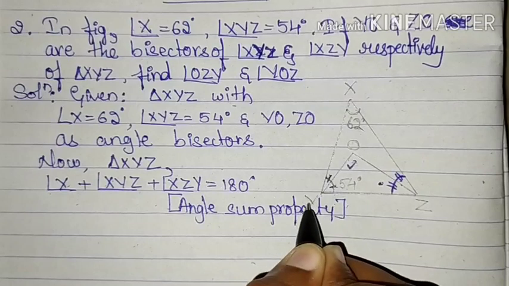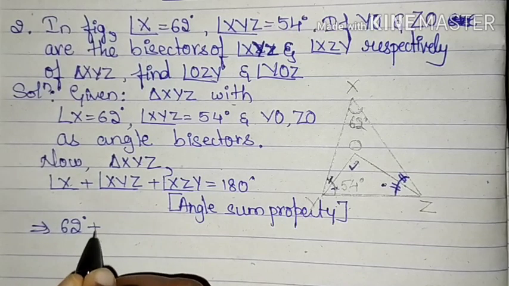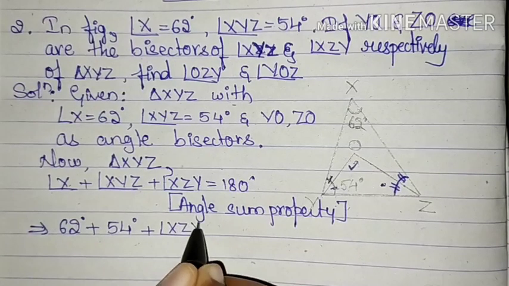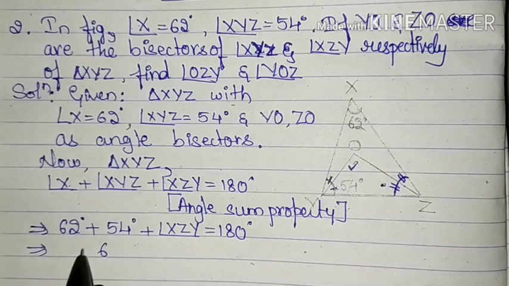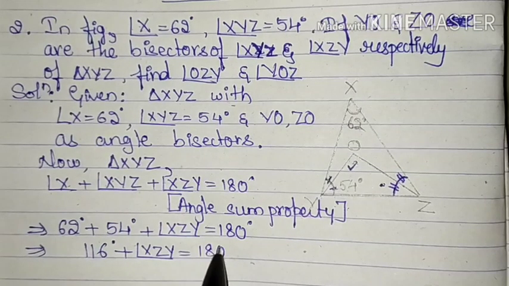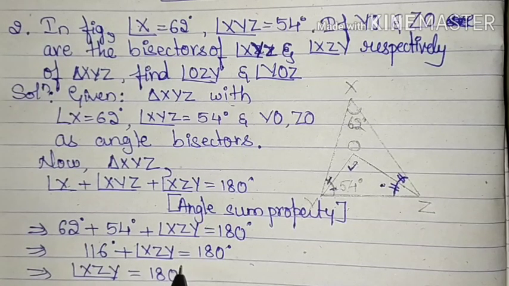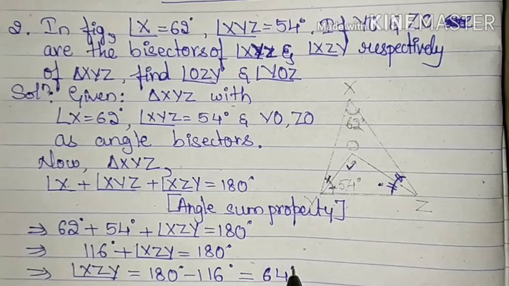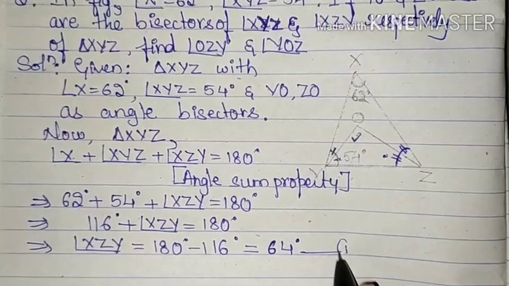This implies 62 degrees, which is given, plus 54 degrees plus angle XZY is equal to 180 degrees. This implies 116 degrees plus angle XZY is equal to 180 degrees. So angle XZY is equal to 180 degrees minus 116 degrees, which is equal to 64 degrees. Name this as result 1.